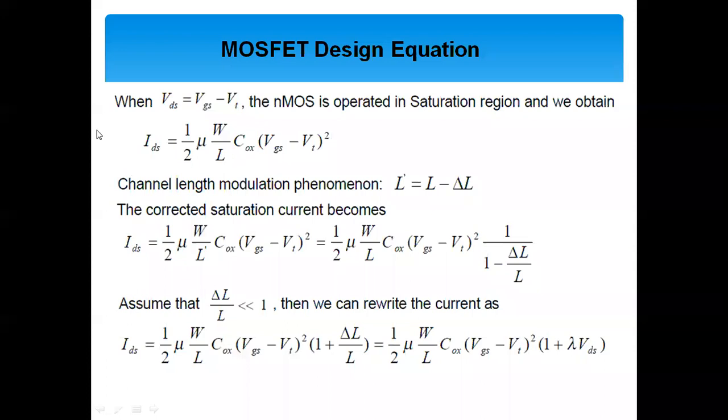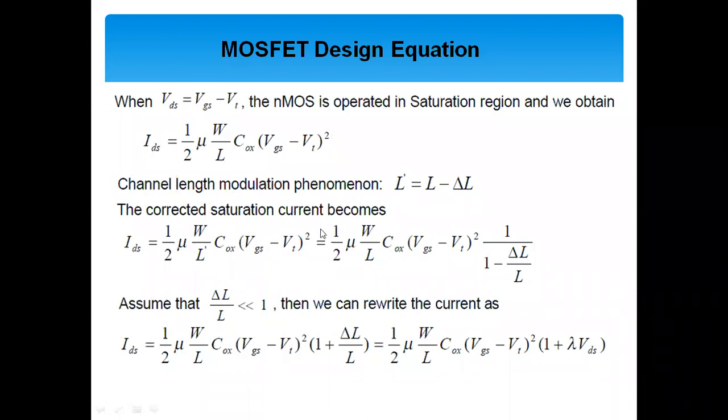You must be clear with all these phenomena. Now after considering the channel length modulation phenomenon, the corrected saturation current becomes IDS is equal to 1 by 2 mu W upon L dash, where L dash is equal to L minus delta L, Cox in bracket (VGS minus VT) square.